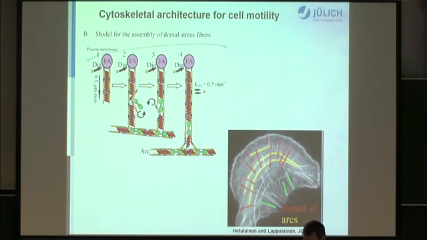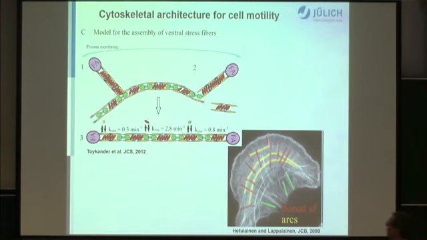In contrast, the transversal arcs are very much filled with myosin. And the more these transversal arcs, during migration and caused by retrograde flow, come closer to the rear end, the more myosin becomes incorporated.